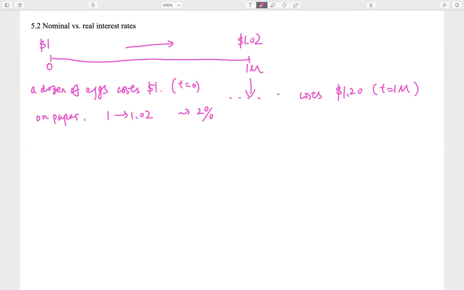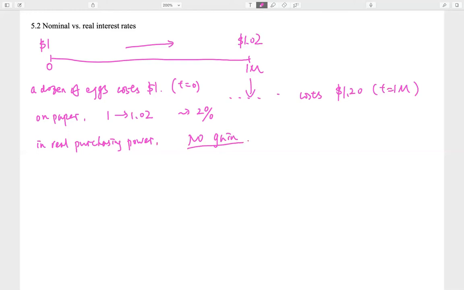Okay, but in real purchasing power, my purchasing power actually went down, right? So there's no gain in this.